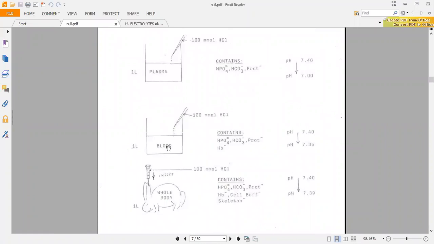When you have whole blood, you notice that the pH just changes from 7.4 to 7.35.